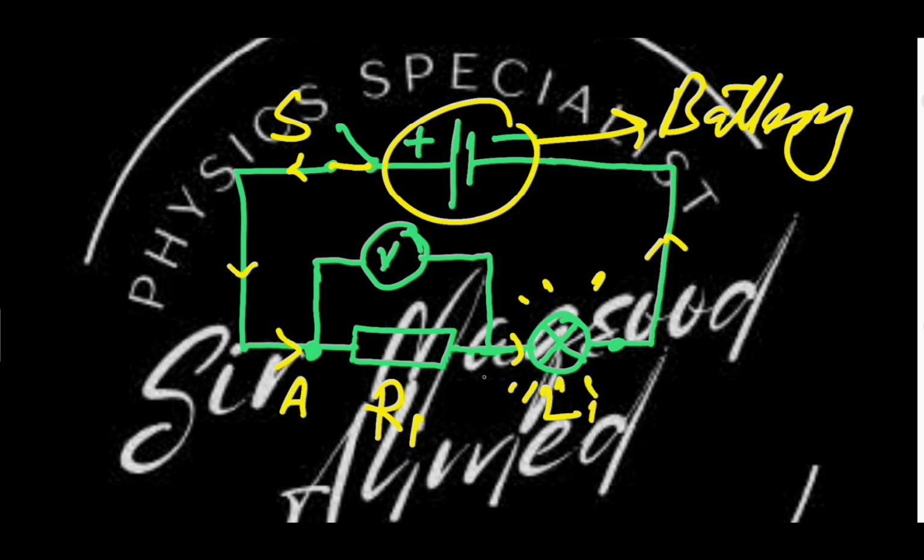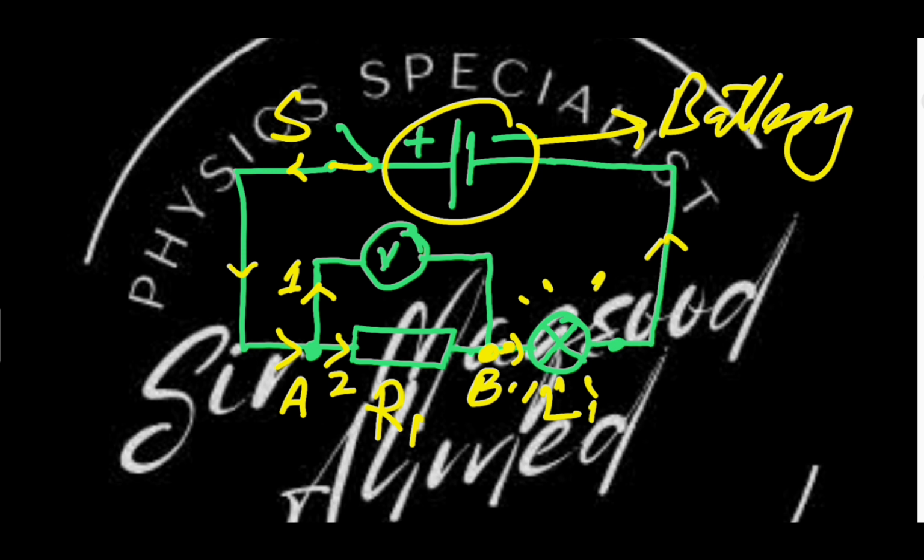As the current from the battery reaches point A, it now has two paths: number one through the voltmeter, and number two through the resistor R1.